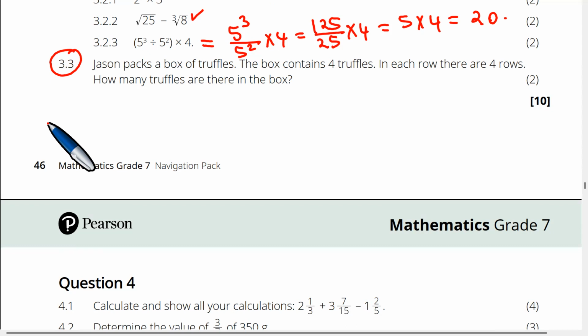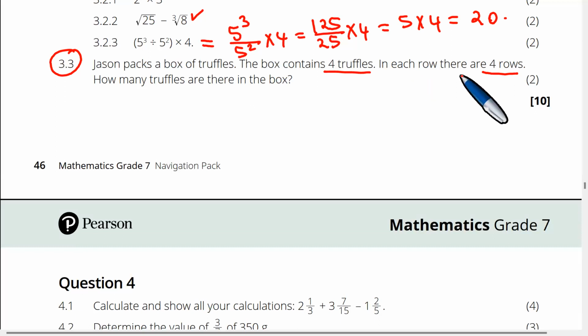Sixteen. Is the answer 16? All right, let's just try it. Well done. It is 16. Because Jason packs a box of truffles. The box contains 4 truffles in each row, there are 4 rows. How many truffles are there?